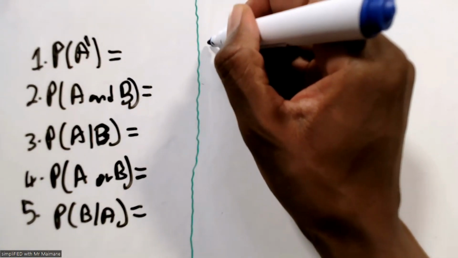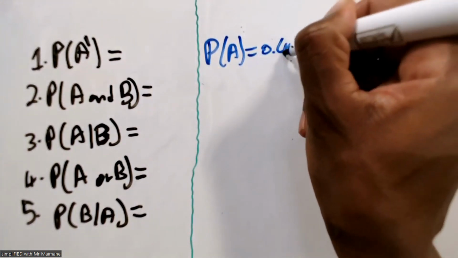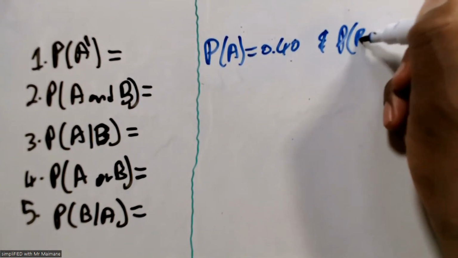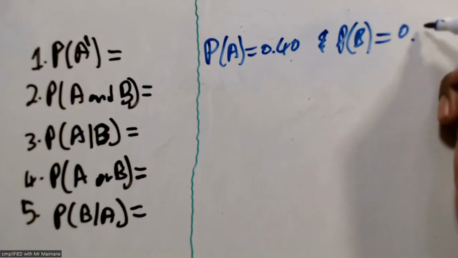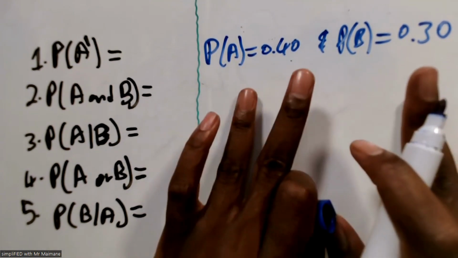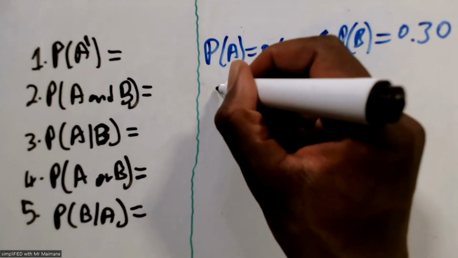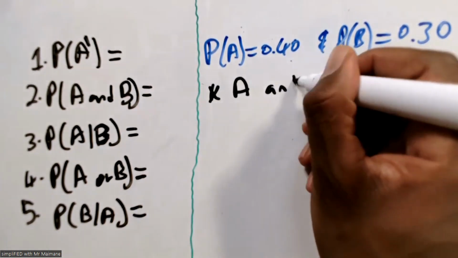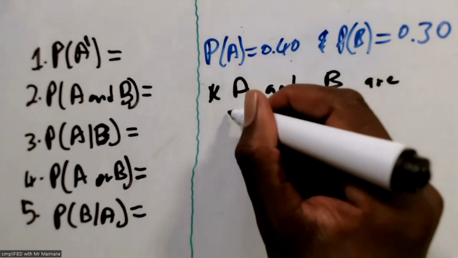From the given information, the probability of A is equal to 0.40 and the probability of B is equal to 0.30, and they say A and B are independent.